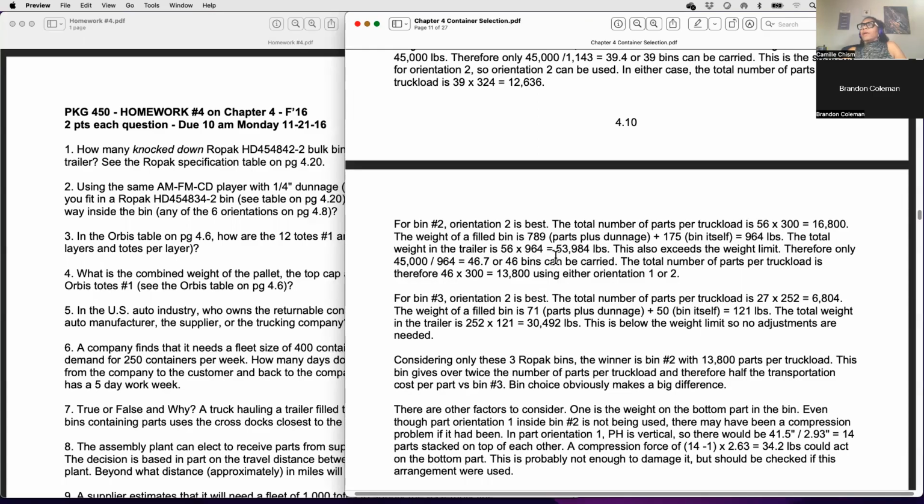So again, you're backing off, and you take the 45,000 divided by the 964 pounds, which is the weight of the parts and the dunnage, plus another 175 pounds for the bin itself. They took the 45,000 pounds max limit for the trailer, divided it by 964 to get 46.7. Again, you round down, so you get 46 bins.